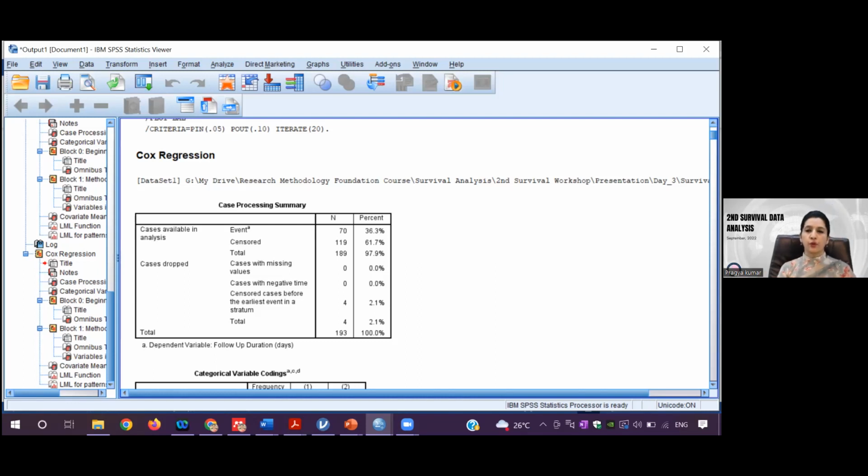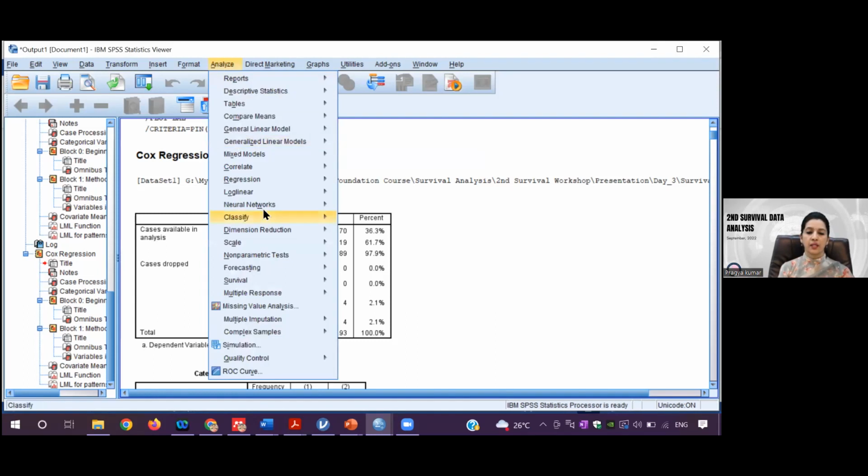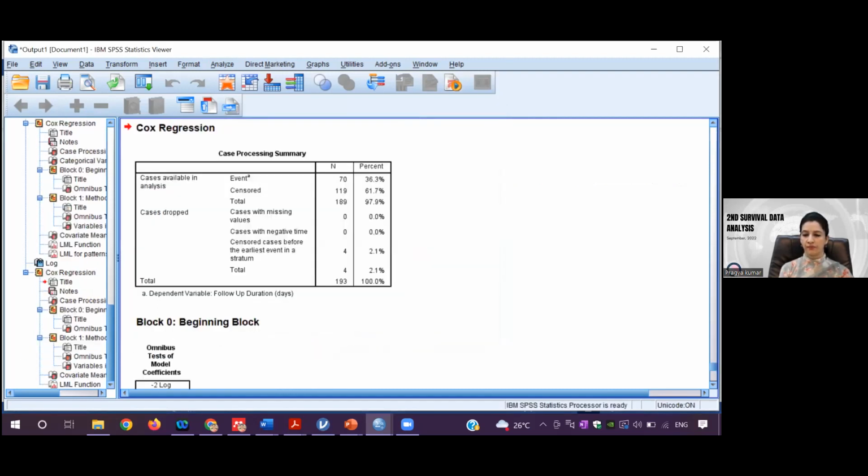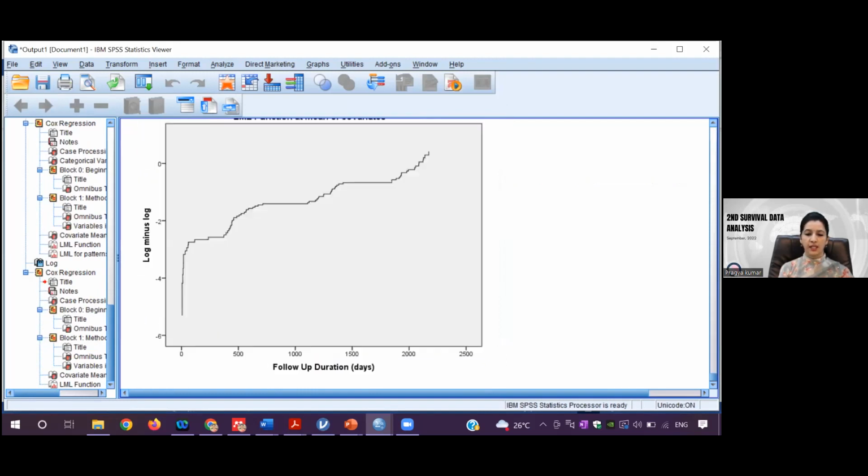But if you don't want to use JAMOVI, then you can simply come here, survival, Cox, and move everything back to this window and do it one by one. So press OK. Then you will have the unadjusted hazard.